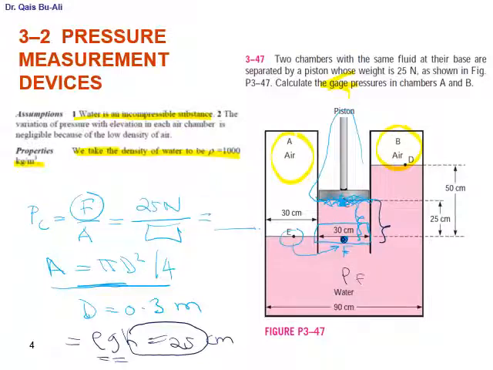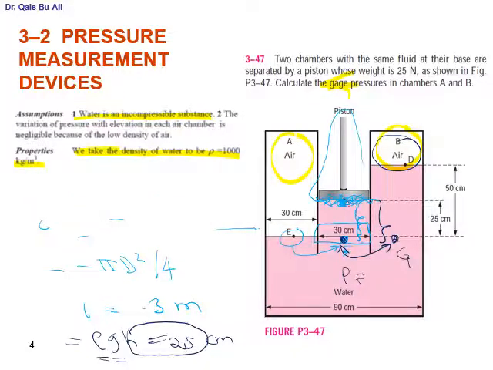The next question is how to do it for the pressure at this chamber. If this is A, B, C, D, E, F, this is point G, and you can say that the pressure at this point is the same as the pressure at this point. Let me just erase all this.